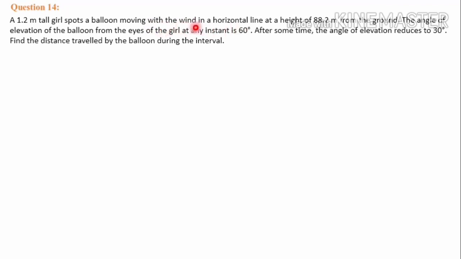The height of the balloon from the ground is 88.2 meter. First she observes the angle of elevation of the balloon as 60 degrees, and since the balloon is moving, after some time the angle of elevation changes from 60 to 30 degrees. We are asked to calculate the distance traveled by the balloon.